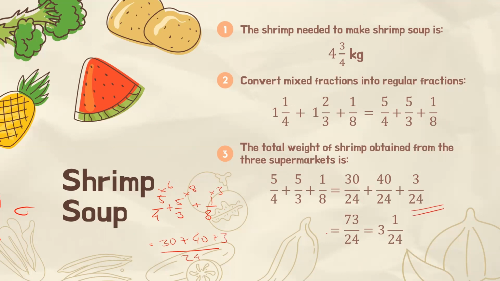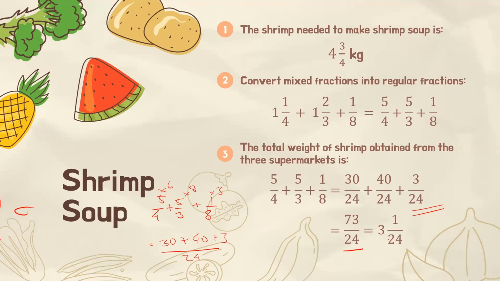And then we have the total weight of shrimp obtained from the 3 supermarkets is 73/24, where we will convert this form into a mixed fraction. To convert a regular fraction into a mixed fraction can be done by dividing the numerator by the denominator.